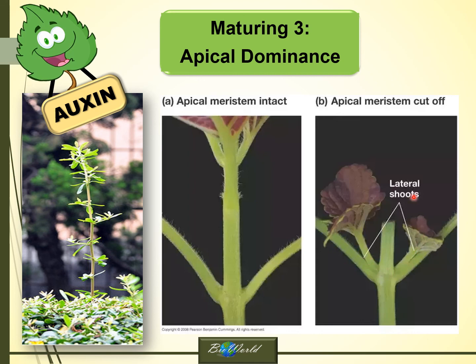This we call the lateral shoots. So in gardening, when we do pruning, when we cut off the main stem, we end up getting many small branches. So the plant will look thicker. Right? So this is caused by auxin.